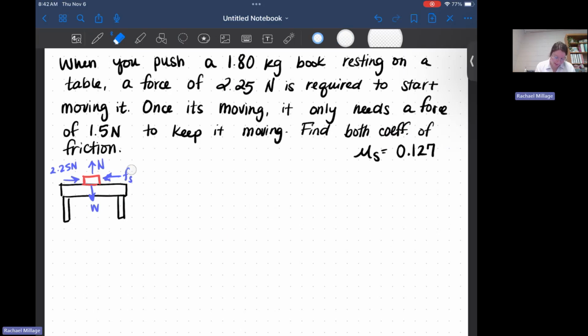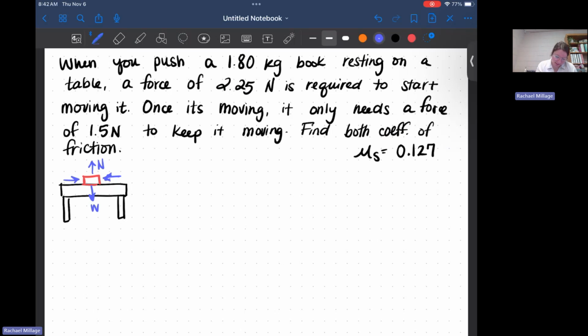So now we're thinking about kinetic friction. My weight and my normal force are going to stay the same, right? Because my book is still the same mass. So my normal force and my weight aren't going to change.